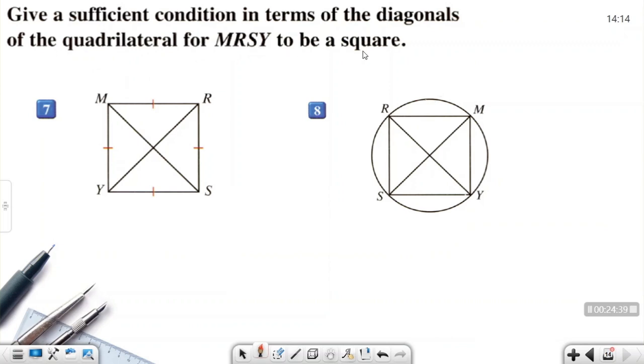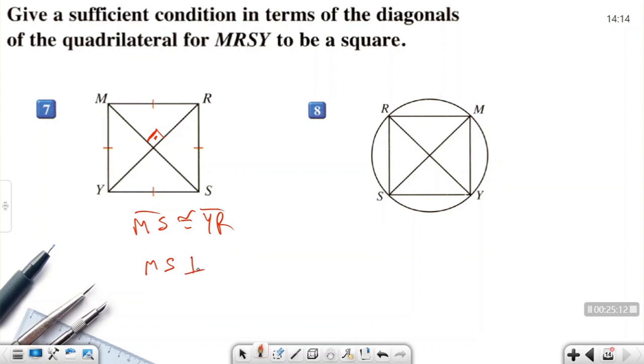Give a sufficient condition in terms of diagonals of the quadrilateral for MRSY to be a square. If we talk about a square, it must be a rhombus. So the diagonals must intersect at a right angle, and MS must be congruent with YR.